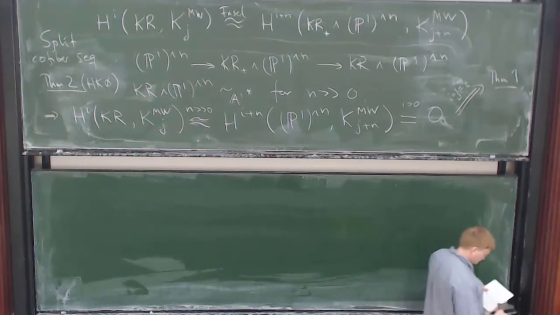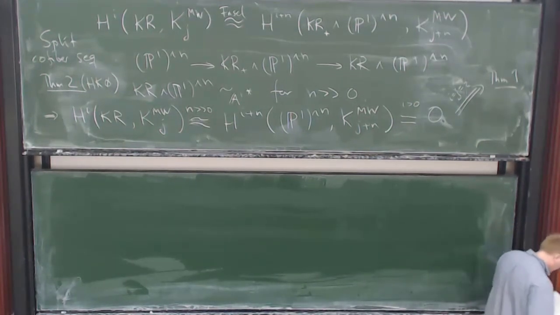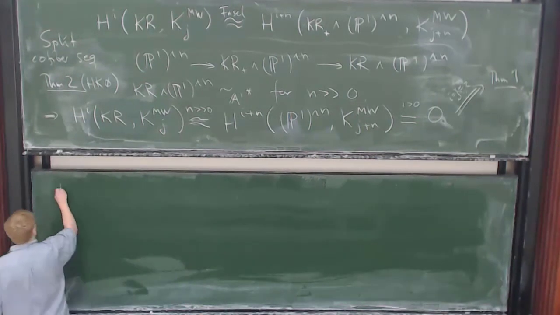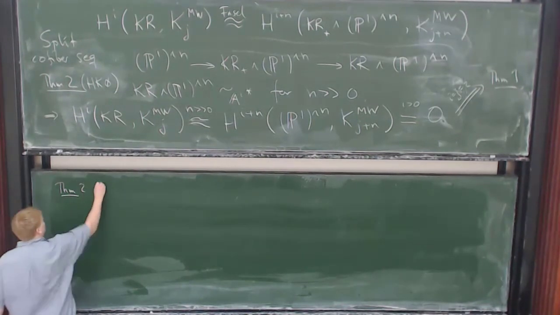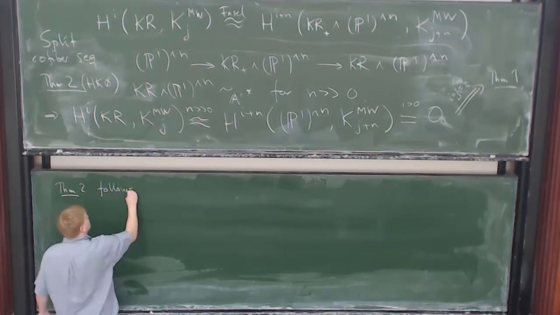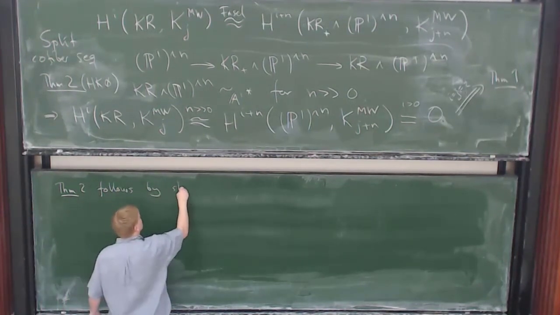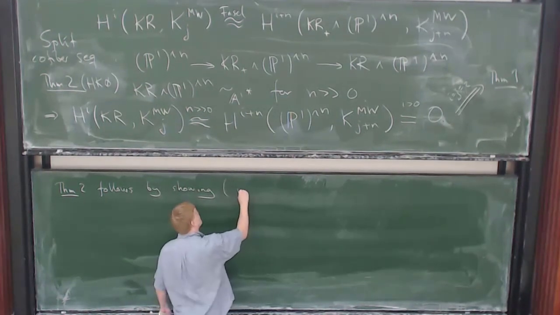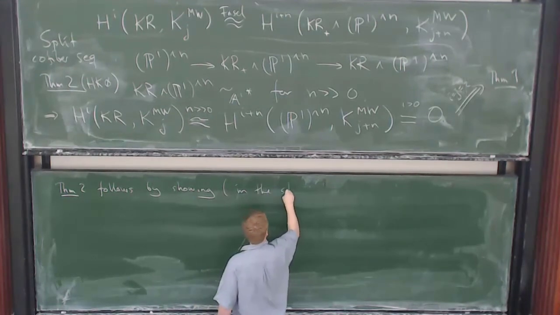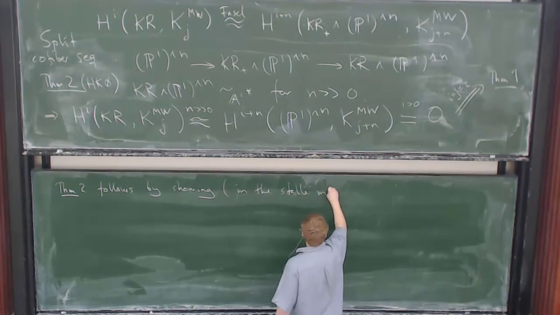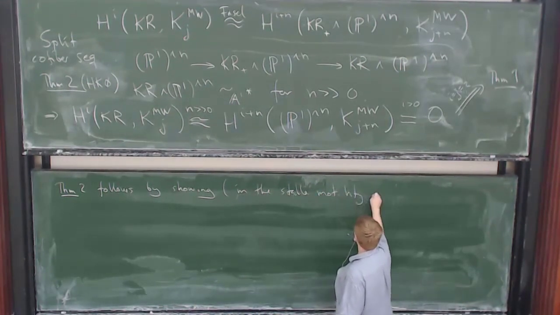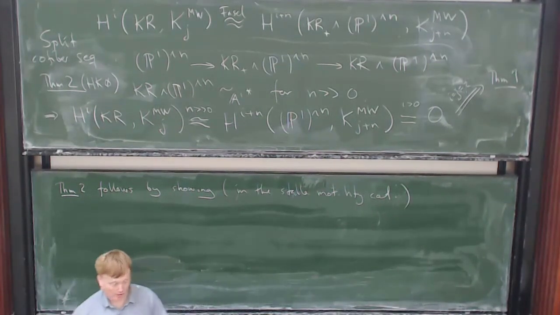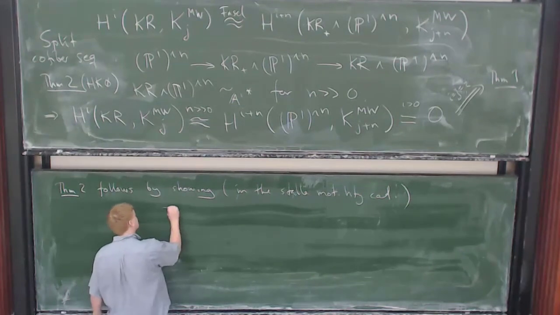So theorem 2 follows by showing, all stably, in the stable motivic homotopy category, that the suspension spectrum of K_r with respect to the origin is contractible.